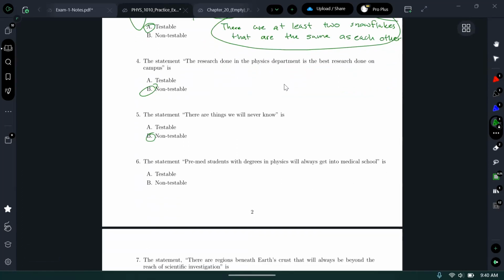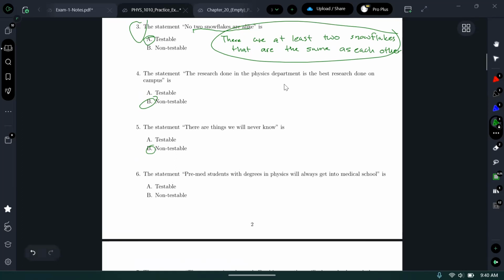Okay, pre-med students with degrees in physics will always get into medical school. I feel like that's testable. It is, and that can be a little tricky. So what would it mean for it to be wrong? If a biology student got into med school? So that wouldn't mean necessarily that pre-med students don't always get into med school.